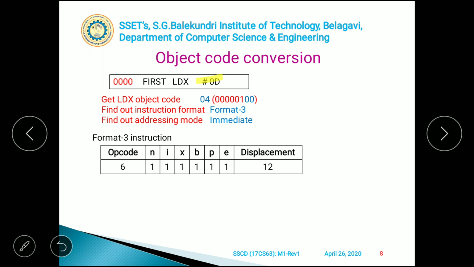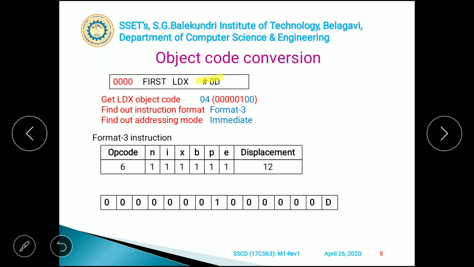Now what you should do when computing here, since it is an immediate addressing mode, you know that in the case of an immediate addressing mode, your target address will be whatever is there in the operand. So here, the first 8 bits we have already written it here.